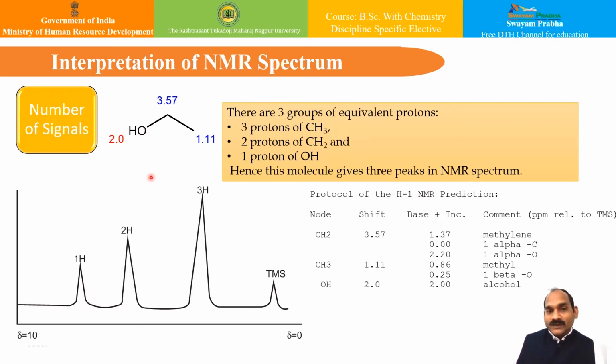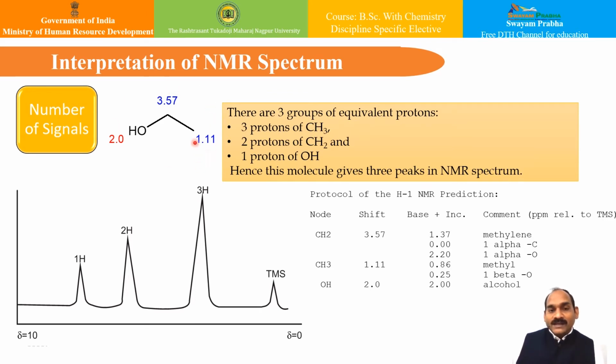A group of equivalent protons absorbs at the same frequency, and therefore gives a single peak. Hence in this case, the number of peaks obtained is equal to the number of groups of equivalent protons.